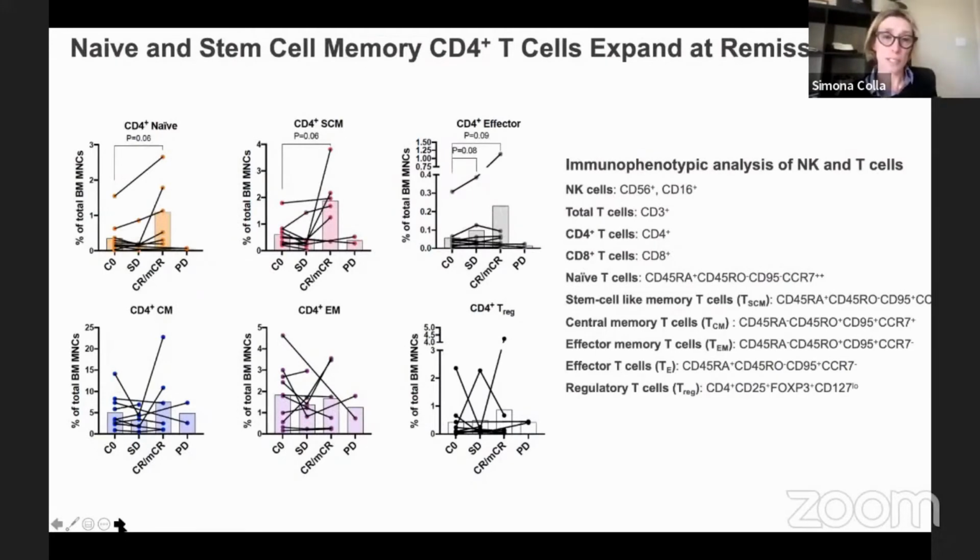We did not just do CD4, we also did the CD8 and the NK, but this panel of antibodies, which are very well established in the immunology field, was able to confirm that the cells that were expanded were indeed naive T cells and CD4 stem cell memory. And now what we are doing, of course, is going over this and trying to understand the function of these cells.